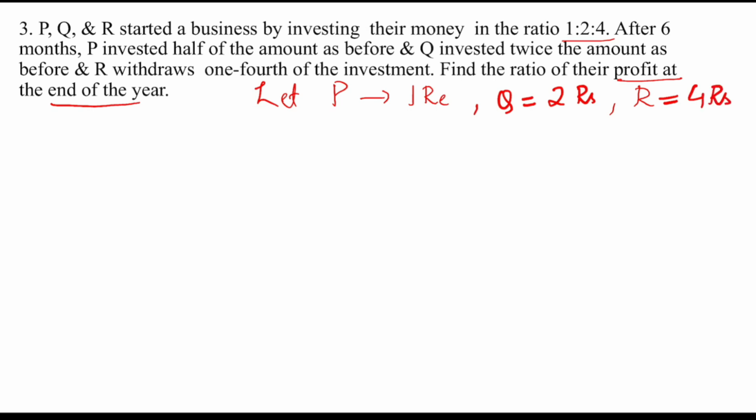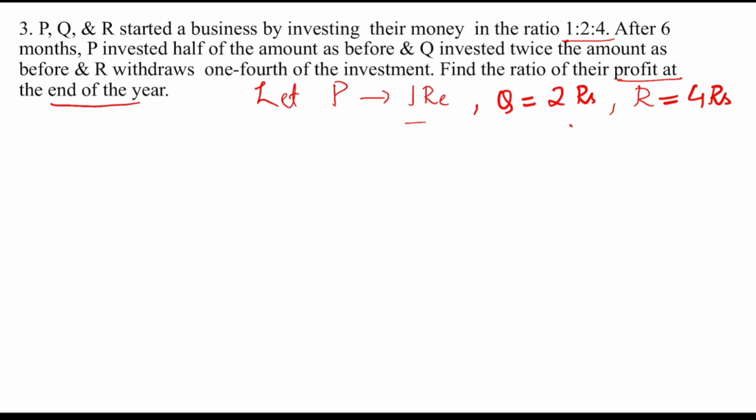Why am I taking 1 rupee, 2 rupees, 4 rupees? Because they invested in the ratio 1:2:4. So instead of taking 1x, 2x, 4x, I will directly take the amounts as P invested 1 rupee, Q invested 2 rupees and R invested 4 rupees.